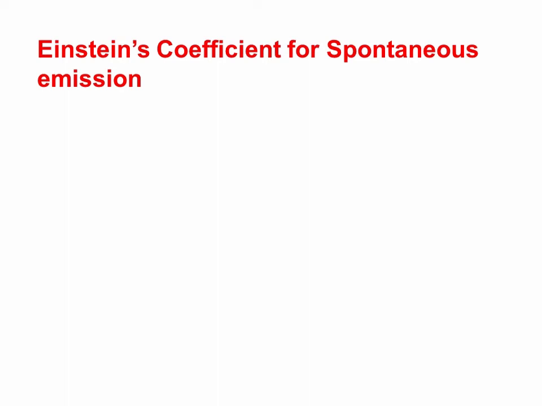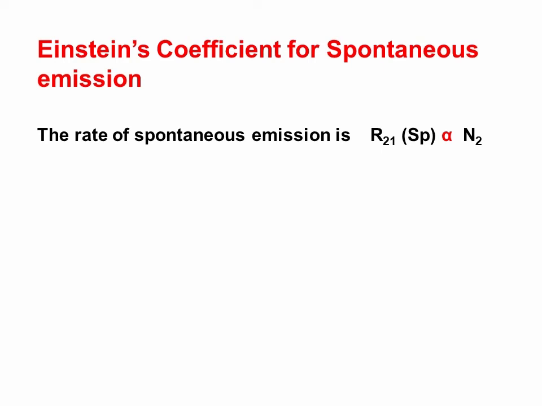Here let us see how to get Einstein's coefficient for spontaneous emission. The rate of spontaneous emission is R21 within bracket SP. SP stands for spontaneous, which is directly proportional to the number of atoms in the excited state.